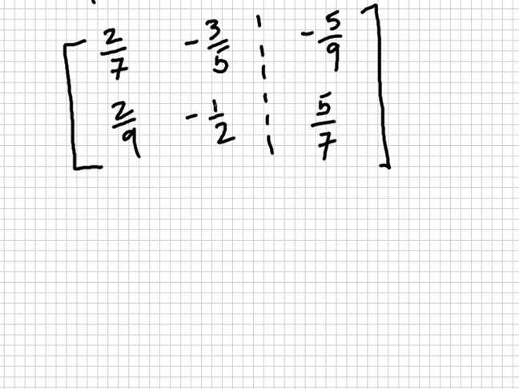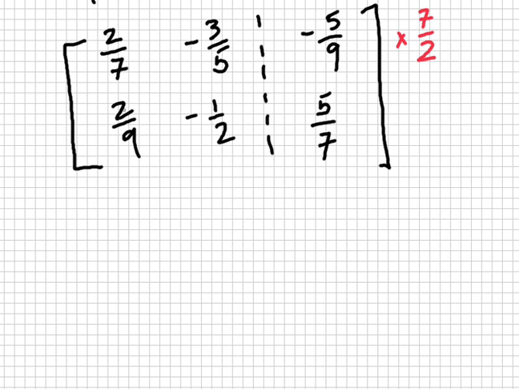But the way the Gaussian elimination works is you don't have to cancel all the fractions. You just need to cancel this fraction here. So if I want to get rid of this fraction, what would I have to multiply it by? 7. Yeah. If I just wanted to make the number 1, what would I multiply it by? 7 over 2.